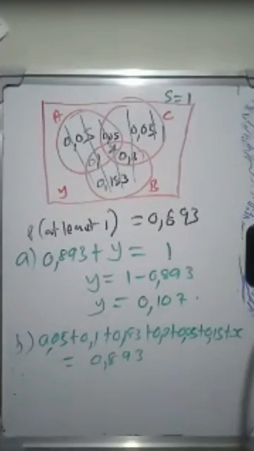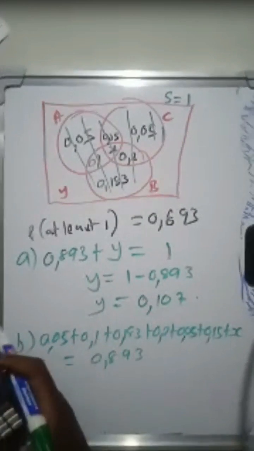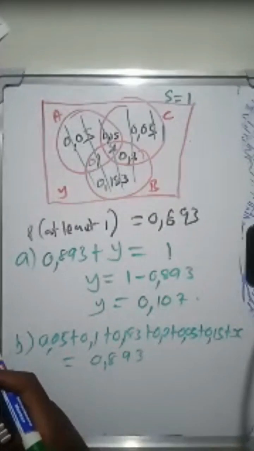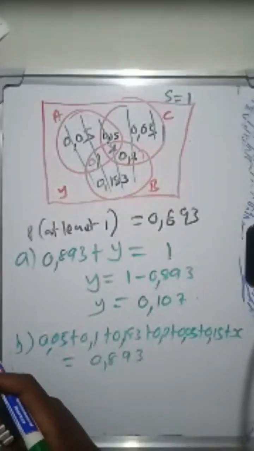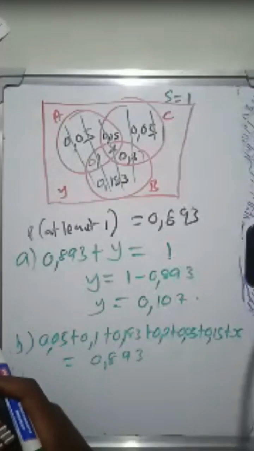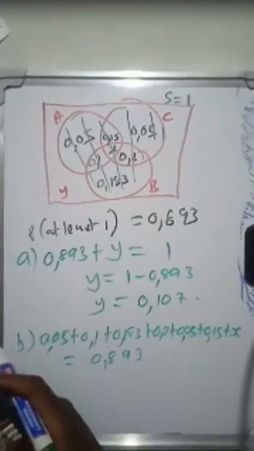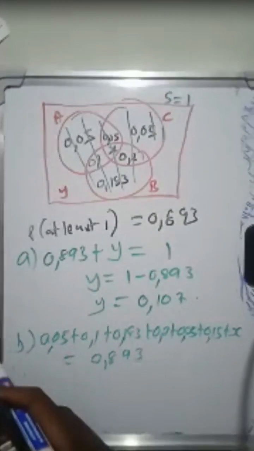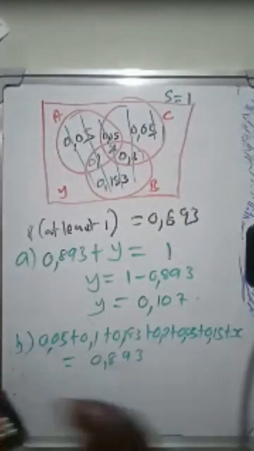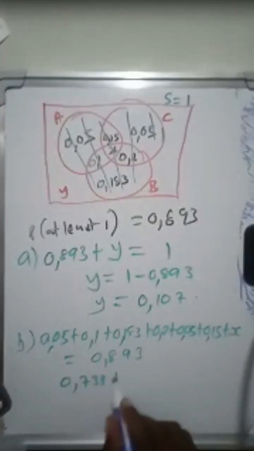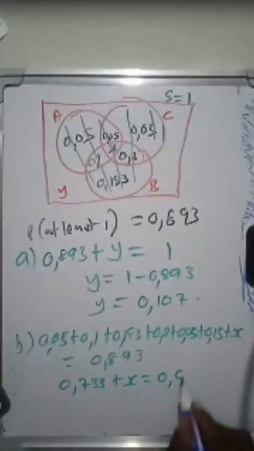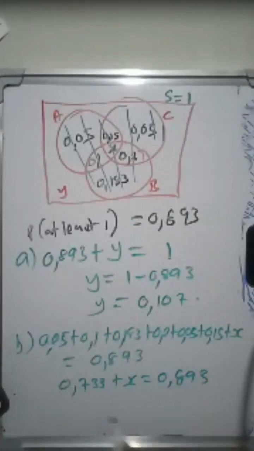If we add these probabilities, we get 0.733 plus X is equal to 0.893.